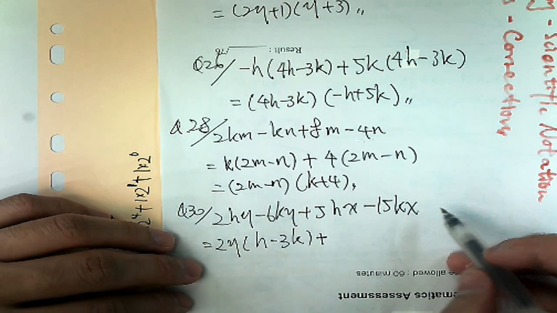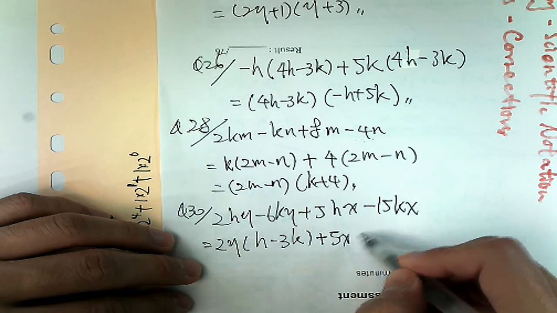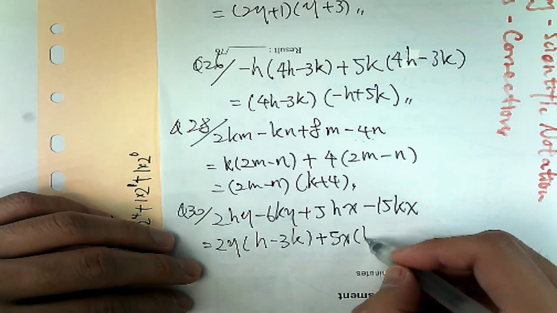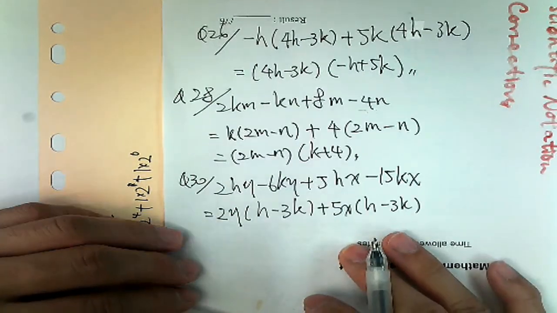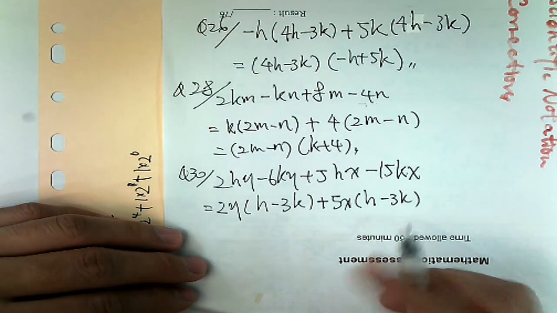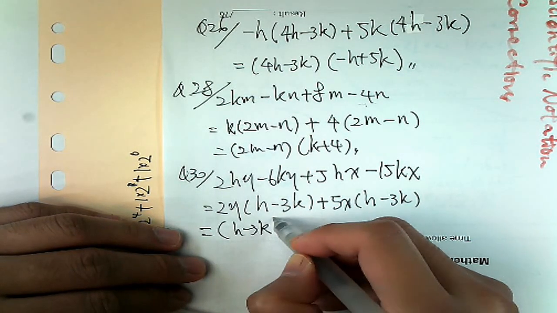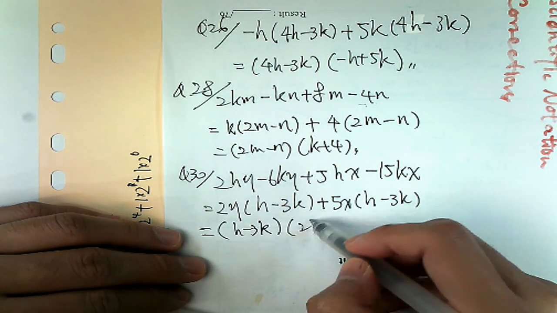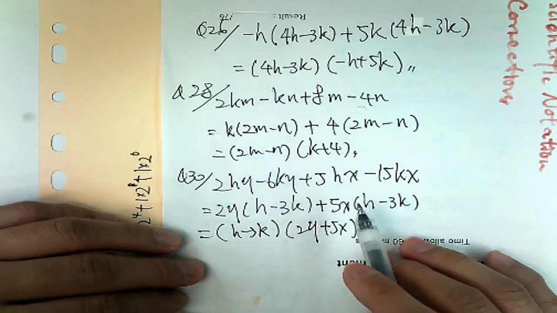Understand? For the next two terms, you can pull out 5x. So it should be h - 3k. So you can create something in common, right? I mean the big block is okay. So we can pull out (h - 3k) and then times the second bracket (2y + 5x). Understand?